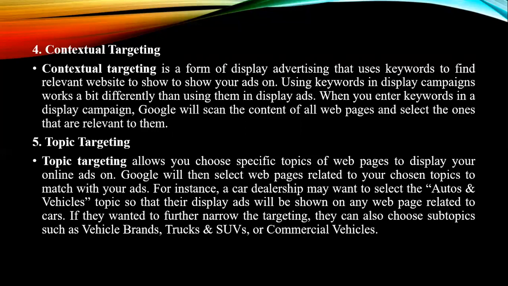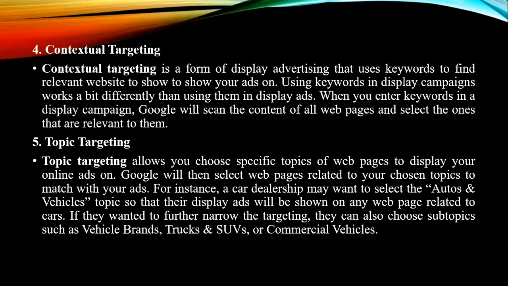Similarly, topic targeting is there. Topic targeting is again for a specific topic of the web pages. If you give some topic in Google, again it will show the link that provides detailed information on a particular page.